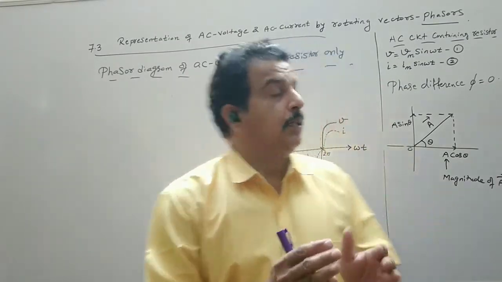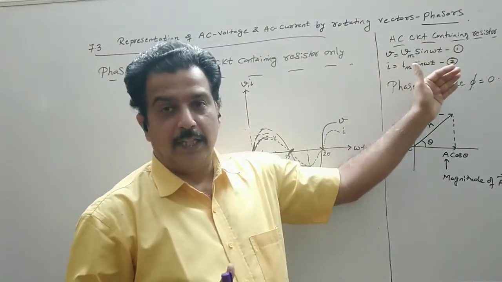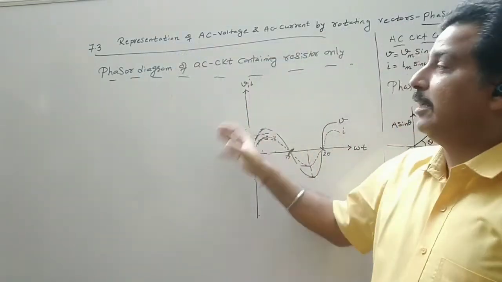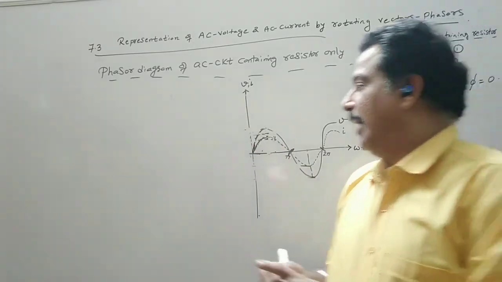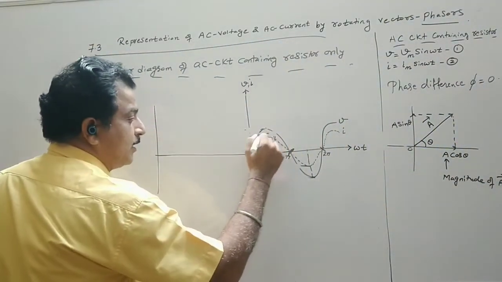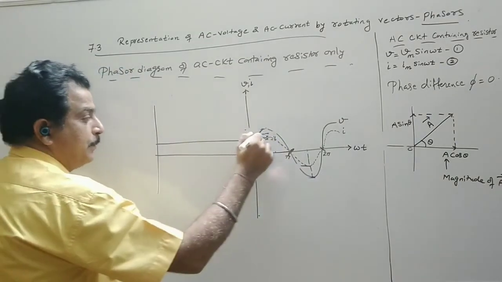So one portion is a mathematical treatment, the other portion is a treatment by a phasor diagram, and we have drawn this phasor diagram at any instant.